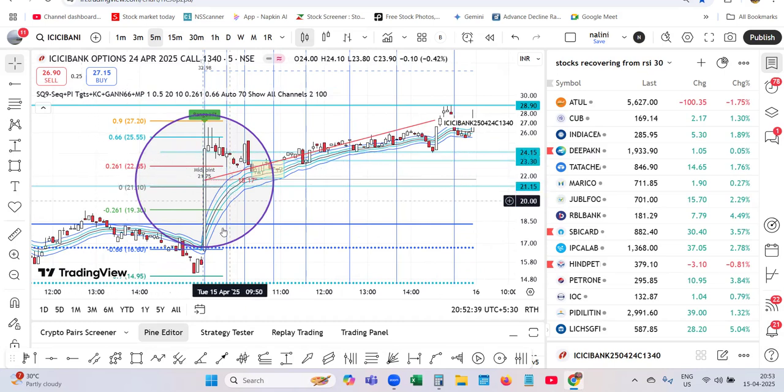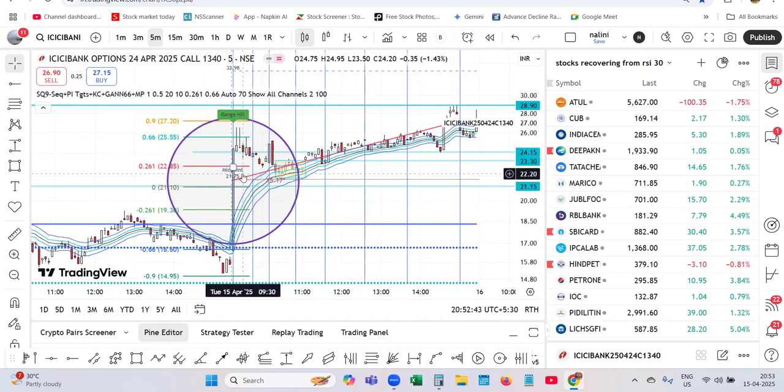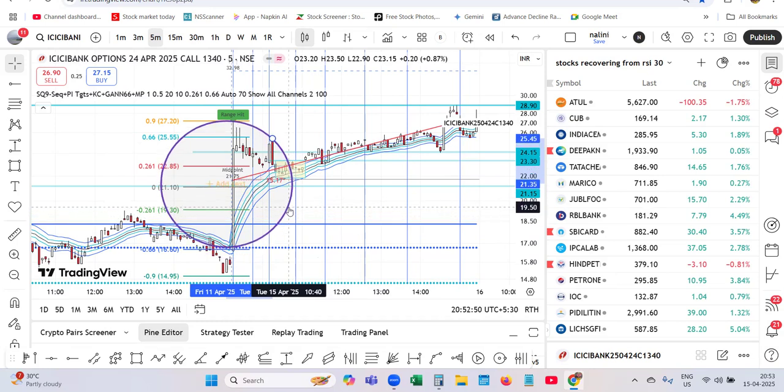So that's why I have considered the previous day swing from where it has rallied. I'm applying it as a circle over here, not applying it to the first 5-minute candle, whereas in the underlying you can do that.